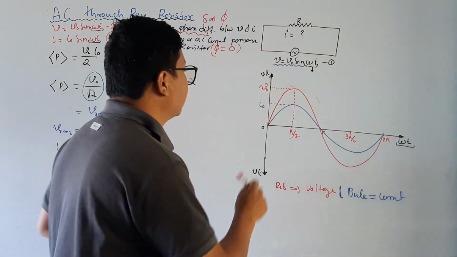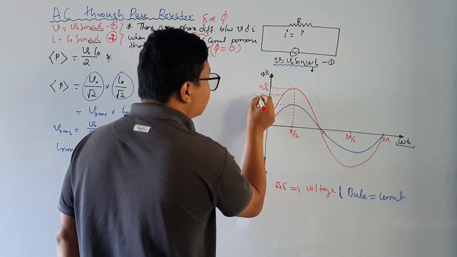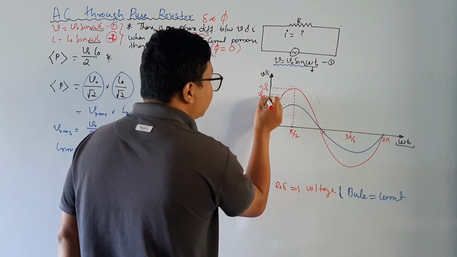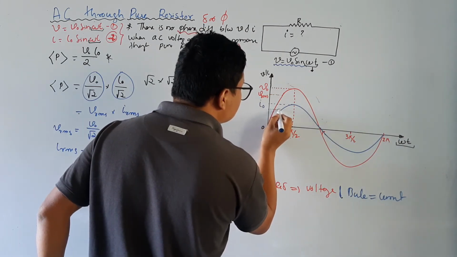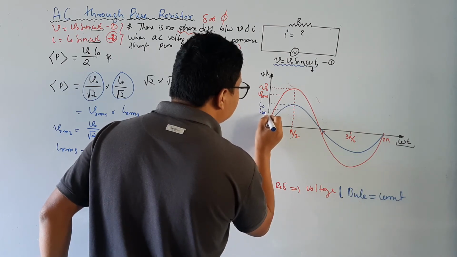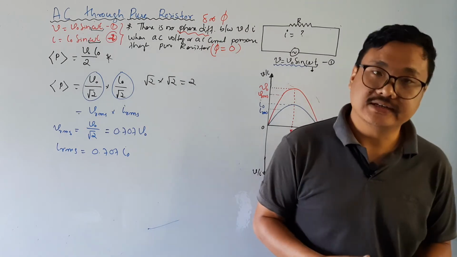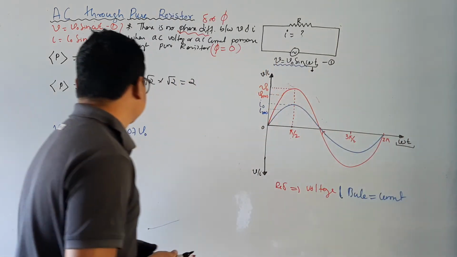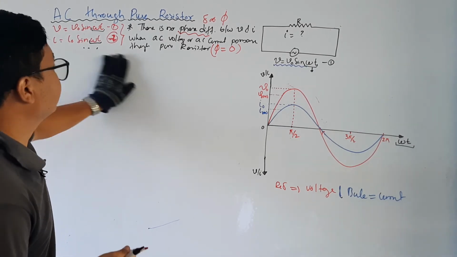So I will write it here. Somewhere here, less than the peak value, is my VRMS. Somewhere here, less than the peak value of current, is my IRMS. These are the values we measure in daily life. So we got the power, IRMS and VRMS. Everything is done.